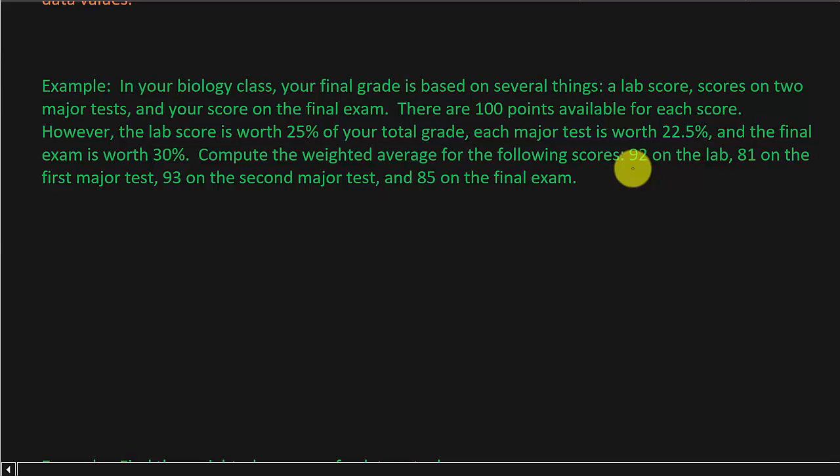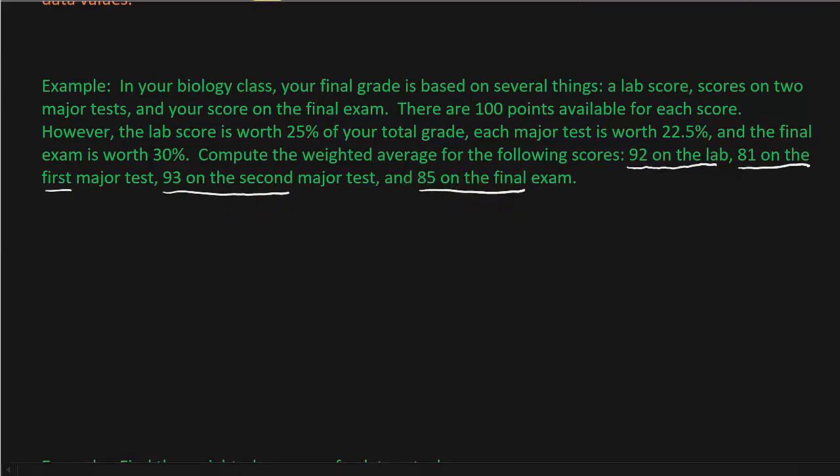We got a 92. Let me just underline each of these so they stand out. 81 on the first test, 93 on the second, and 85 on the final. And then let's underline the weights. The lab is 25, each test is 22.5, and the final is worth 30.